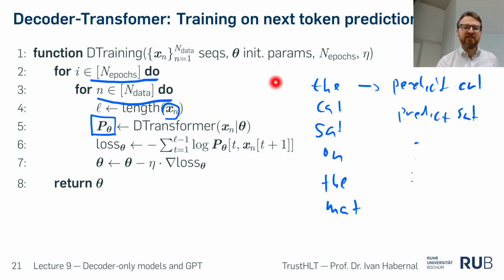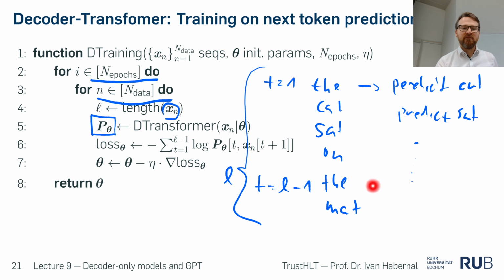So this is t equals 1, and here t equals L minus 1, because all of them are L. Here we're trying to predict mat. And of course, by training, we're predicting nothing for the last token because there is no information. We don't know what's coming next. So this is for training this language model.